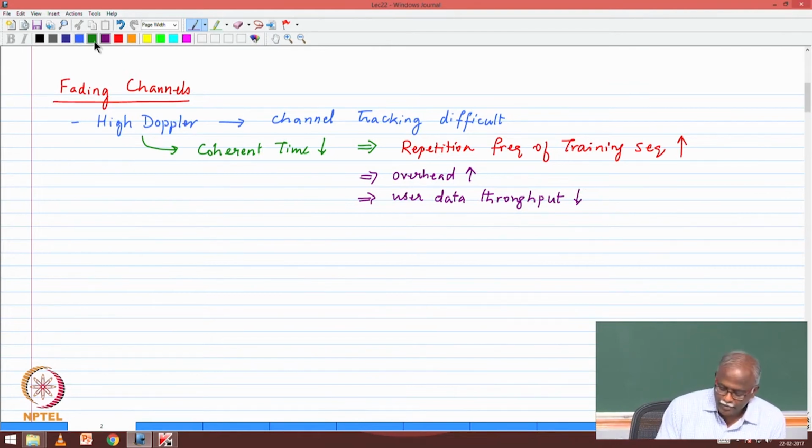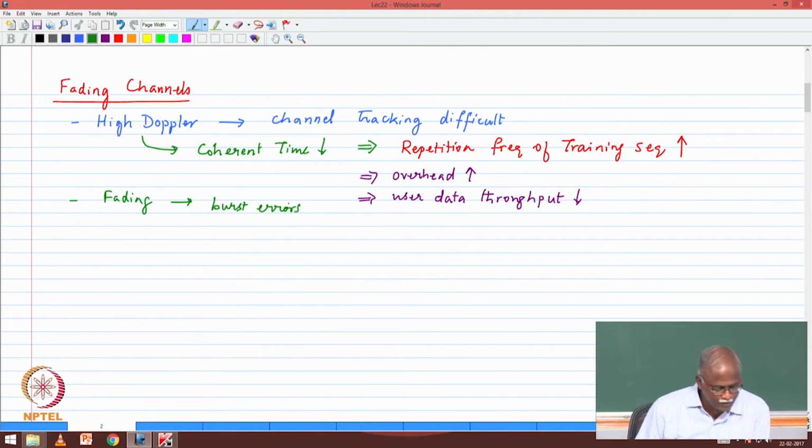Okay, the other element that we also mentioned is that fading, which occurs when we are moving, will typically lead to burst errors, and burst errors are not very effectively handled by FEC. So we introduce the interleaver to make the errors appear as if they are in random positions.